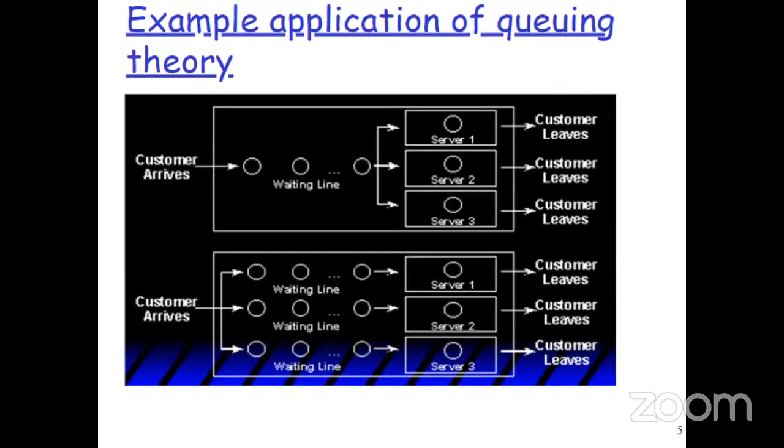Now, if you apply queuing theory, you can see the difference. The persons waiting in a queue won't be waiting for a long time. If there is only one queue, then it becomes very difficult. So to satisfy the customer, they are making it this way. They are applying queuing theory.